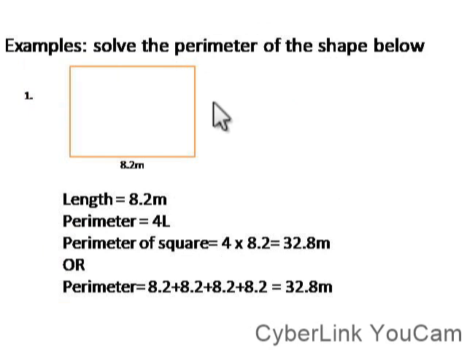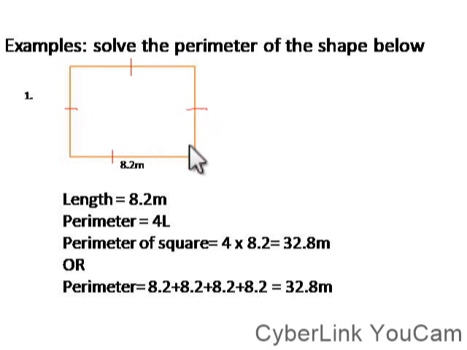This is an example. So we have a square here. All sides are equal, with the line indicator here which signals that all sides are equal. Meaning that if this side is 8.2 meters, this side should also be what? 8.2 meters. Likewise this side and this side, because all sides are equal.